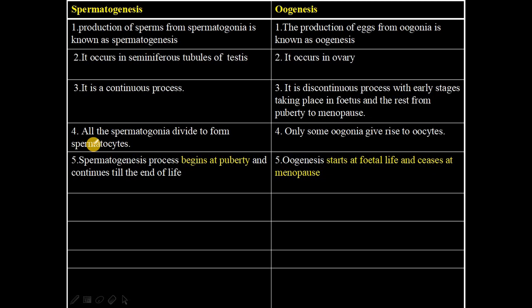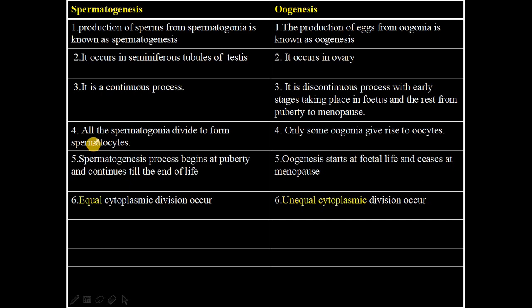Spermatogenesis begins at puberty and continues till the end of life, whereas oogenesis starts at fetal life and ceases at menopause. So it doesn't continue till the end of life, it ceases at menopause.